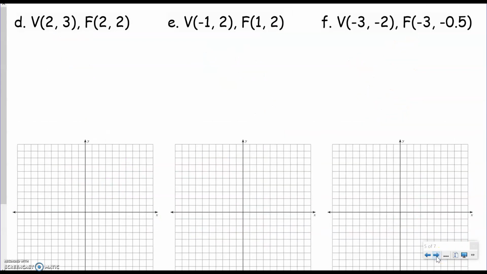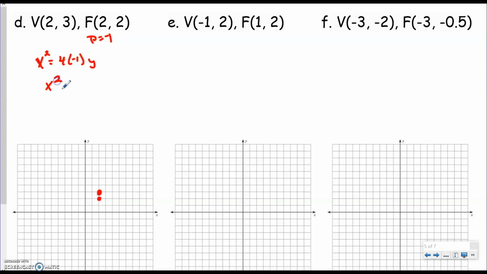Okay, what happens when our vertex is not at the origin? So if I have the point 2, 3 over 2 up 3 for my vertex, and I have 2, 2 for my focus, P is going to be negative 1 because my focus was below my vertex, and it's opening down, so I have x squared equals 4 times P times y.